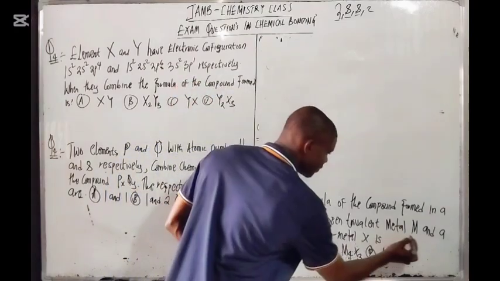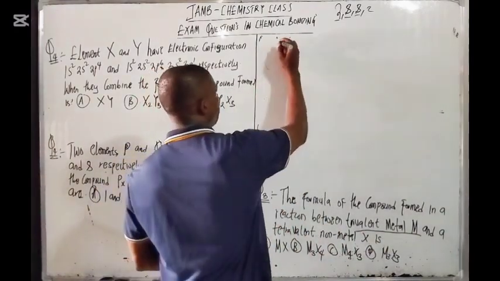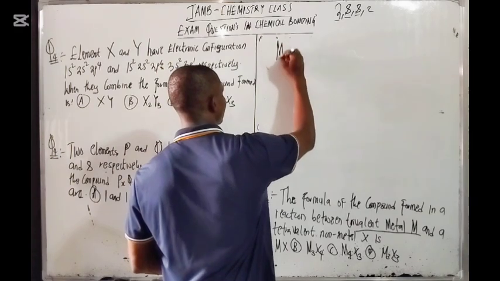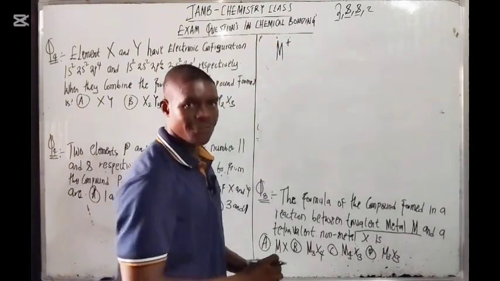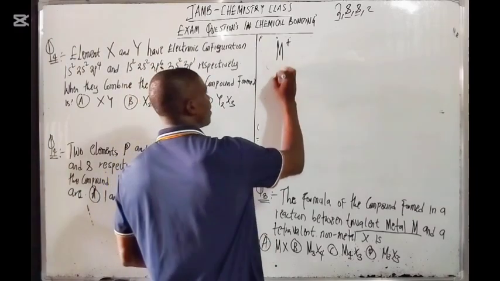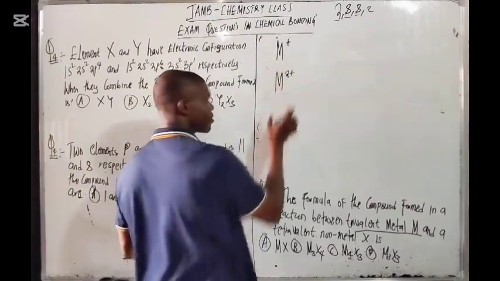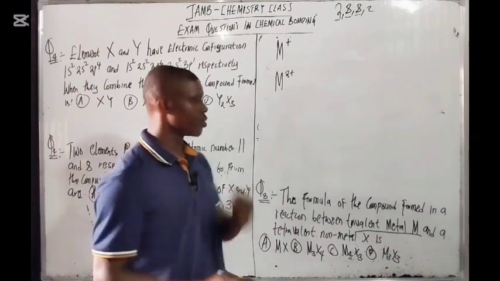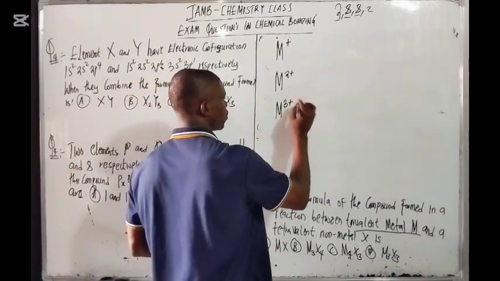When you say trivalent metal, remember a metal will form a positive charge. M plus is called monovalent. M2 plus is called divalent because two.